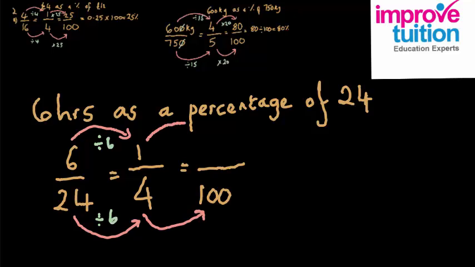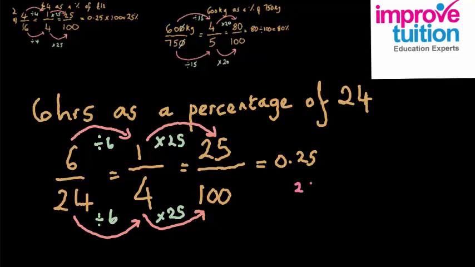Now, because of our place values, we want to make it out of 100, so we can work out the percentage. So it's 4 times 25 and 1 times 25, because 4 goes into 100 25 times, and 1 times 25 is 25.